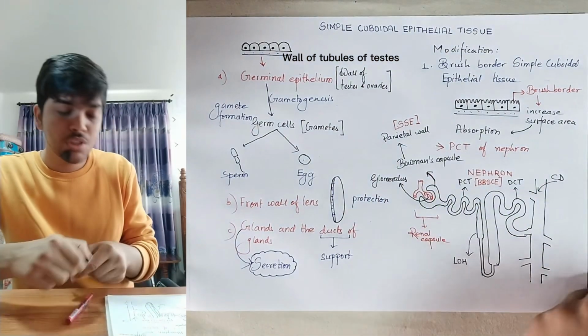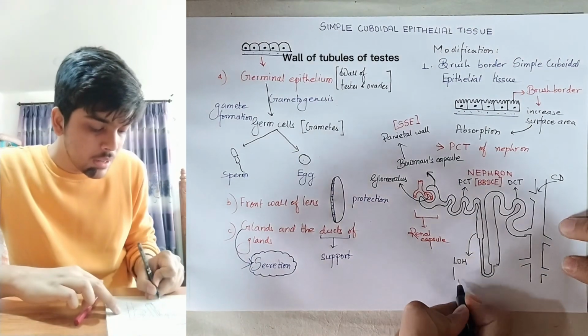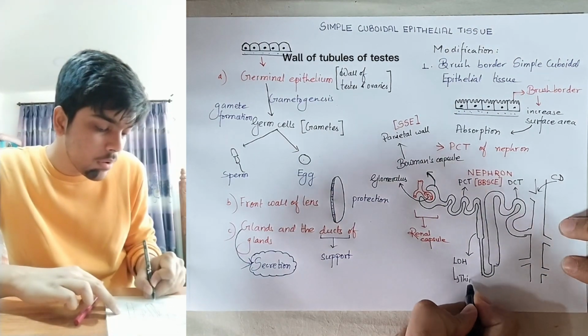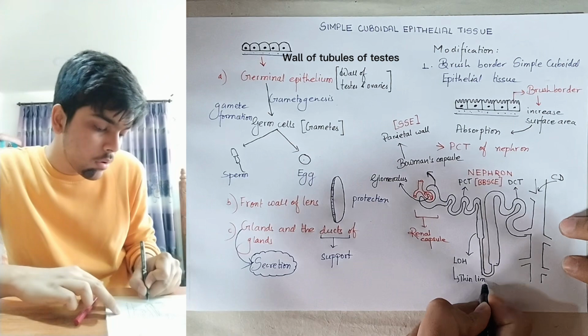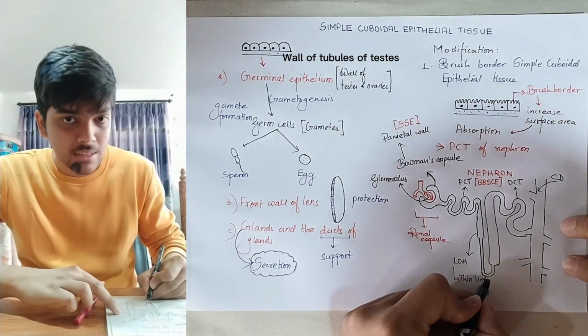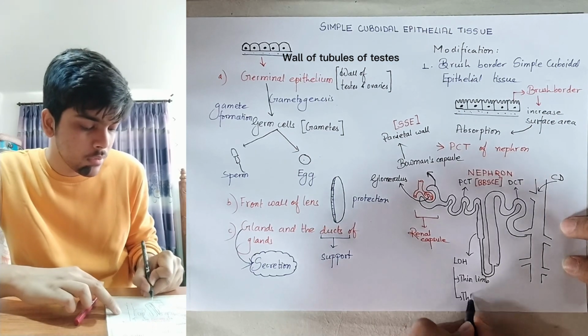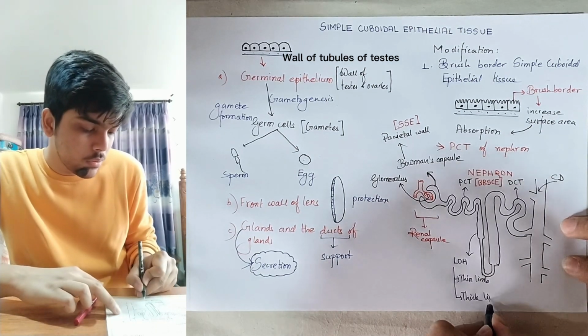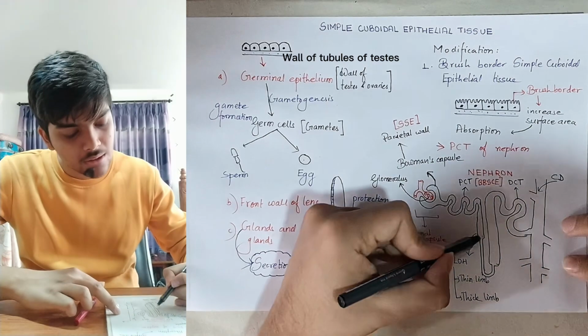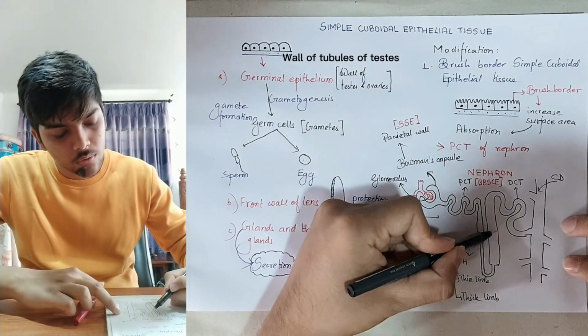The loop of Henle has two parts. The thin limb, or the tube that you can see right here, that has a narrow lumen, and the thick limb, which is the part of the loop of Henle that has a wider lumen.